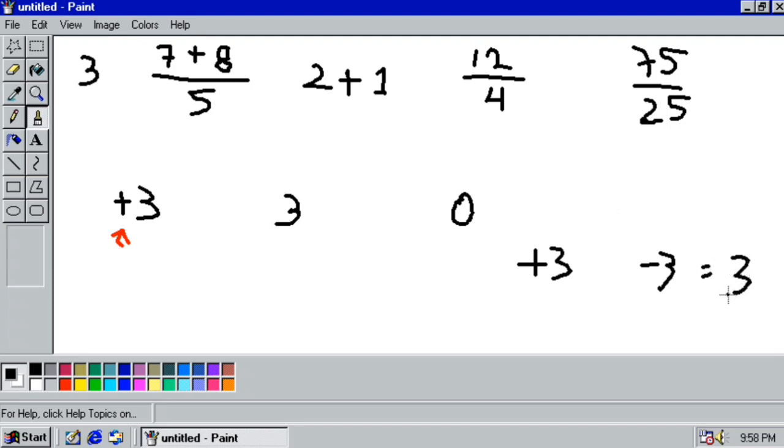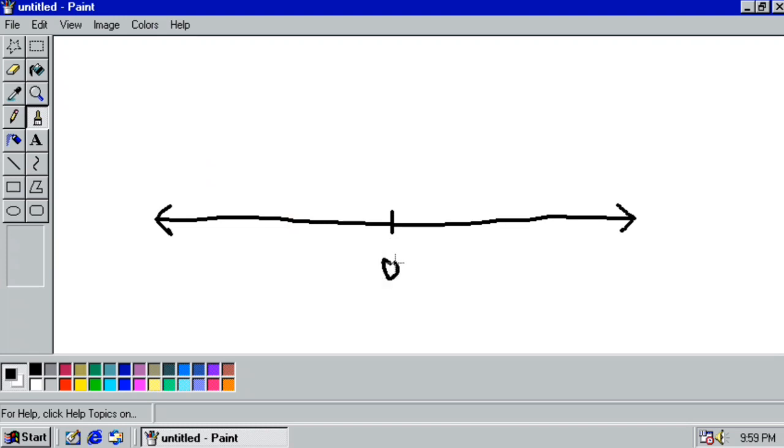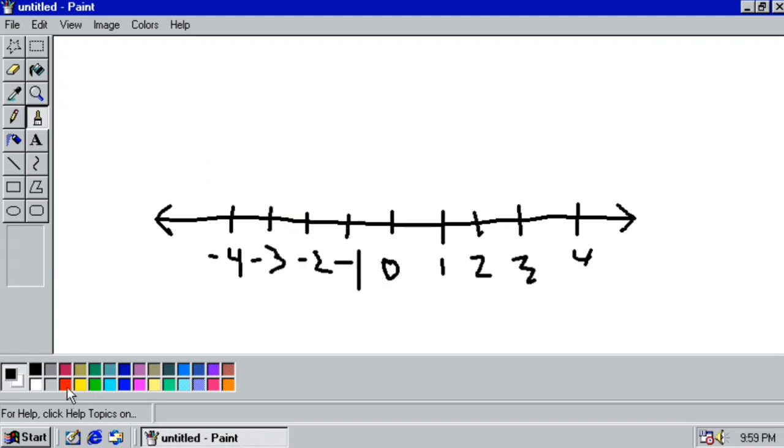Other people prefer to define the absolute value of a number as the number that describes the distance of the graph of the number from the origin. So let's make a graph here. The center should be 0, so our origin here is 0. So we're gonna graph negative 3 and positive 3.